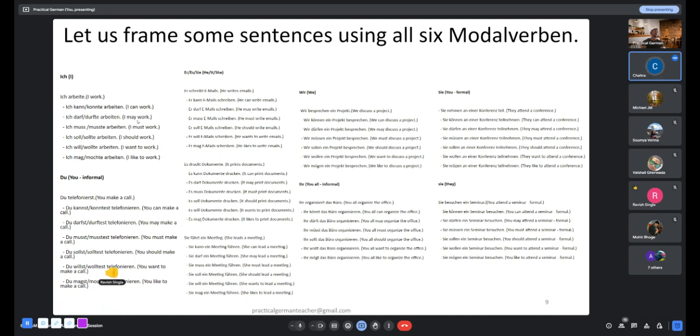Er durfte E-Mails schreiben. Not "dafta", come on, "durfte". Er musste E-Mails schreiben. Er sollte E-Mails schreiben. Er wollte E-Mails schreiben. Er mochte E-Mails schreiben. Not "mokta", "mochte". Yes, sorry.